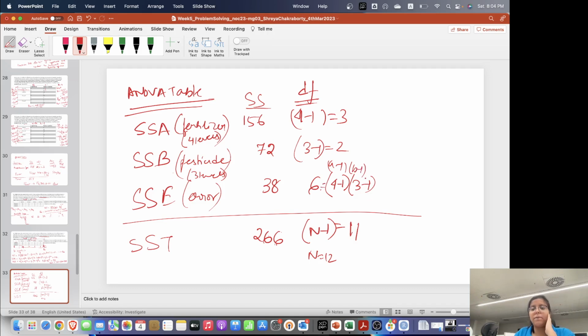So, then the mean squares will be 156 by 3, 72 by 2, 38 by 6, and F would be, this one how much are we getting? 156 by 3, 52.